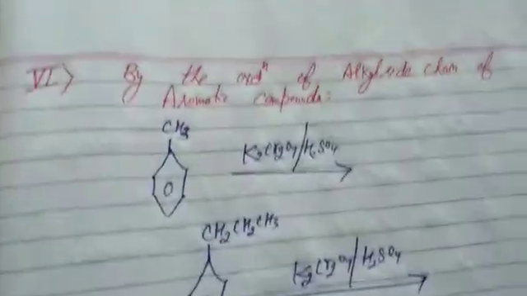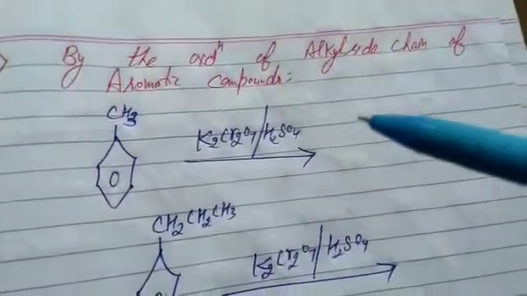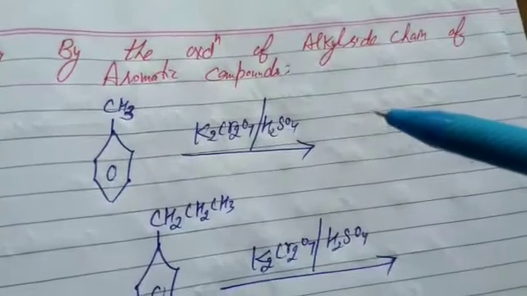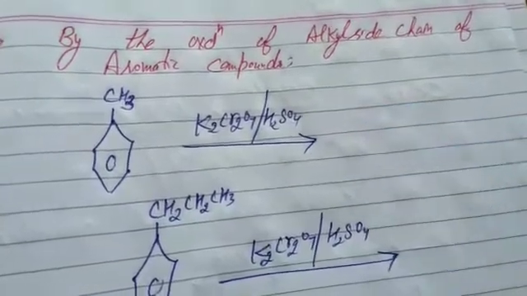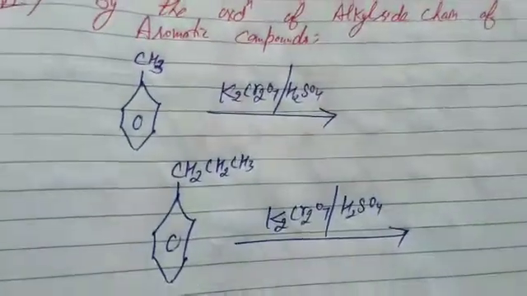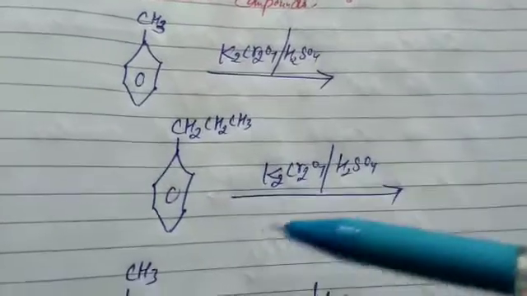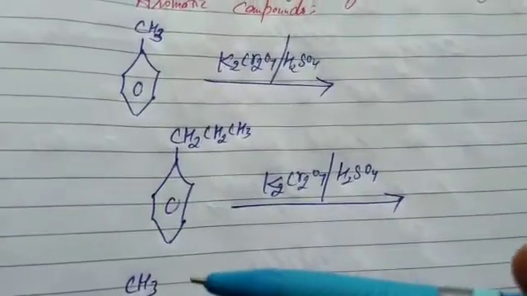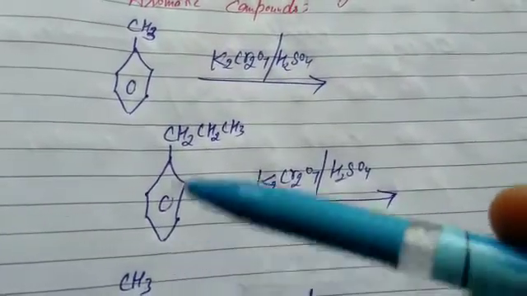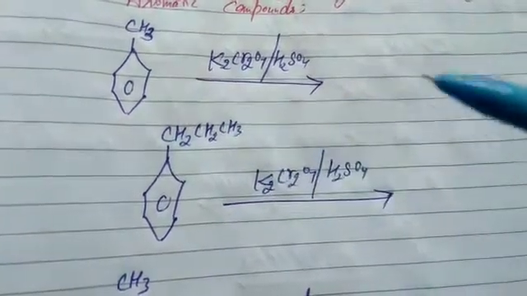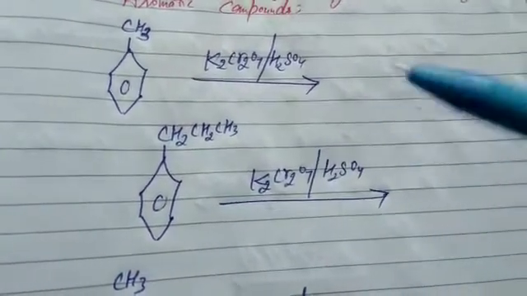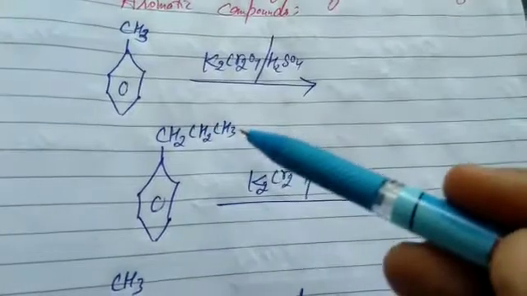After this, next, by the oxidation of alkyl side chain of aromatic compounds. Students, we have done these reactions a number of times, but what is common? Common is that the alkyl side chain is oxidized to COOH irrespective of the number of carbon atoms in the alkyl side chain.